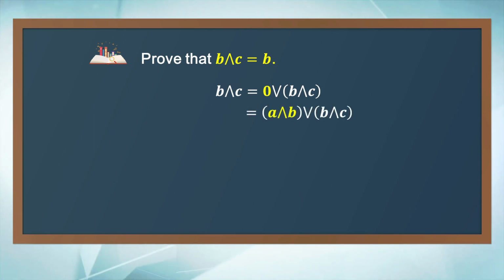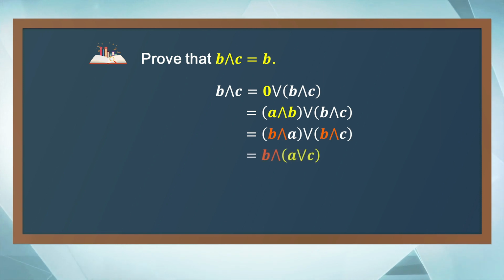Replace the 0 with the meet of A and B. As B is the complement of A, the meet of A and B is 0. Using the commutative laws, we have the meet of A and B equals the meet of B and A. Then by the distributive laws, it is going to be B meets the join of A and C. Meet distributes over join.